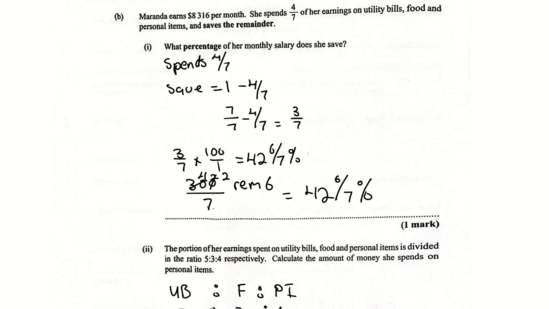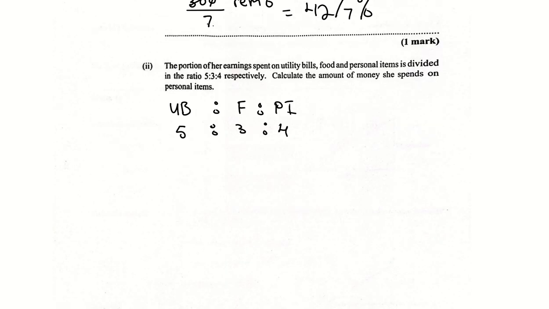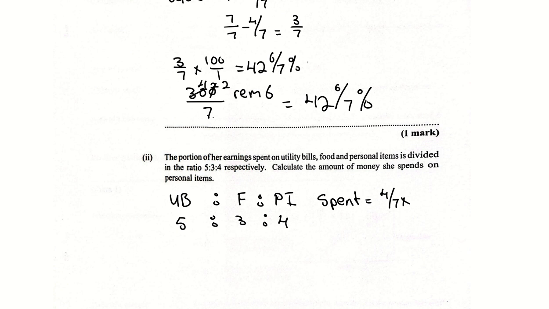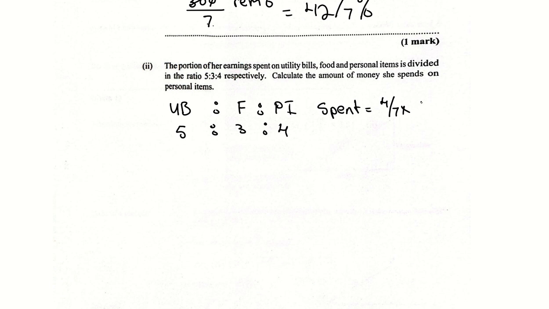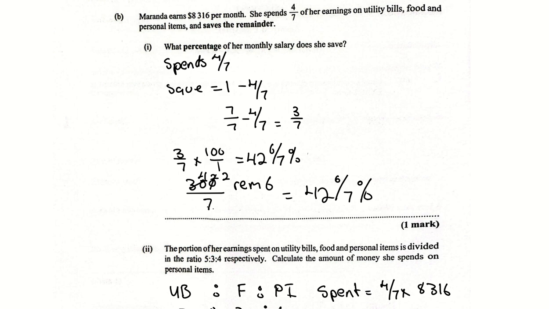Alright, first off, we need to know how much she spent on these things. We know it was 4/7 of her salary, so spent would be 4/7 multiplied by the total, which was 8,316. Let's just make sure.